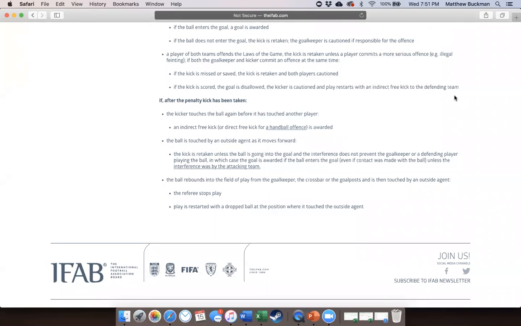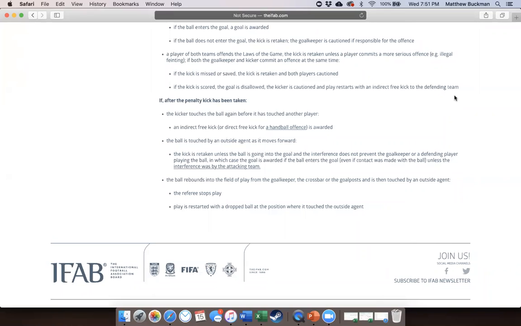Question here, why is the miss rewarded with a retake if the offense is by both the goalkeeper and the kicker? We do that because more than likely the goalkeeper has committed an offense that has led to the kicker missing. And when they have both committed an offense and a goal has been scored, the balanced restart there is to retake the kick.